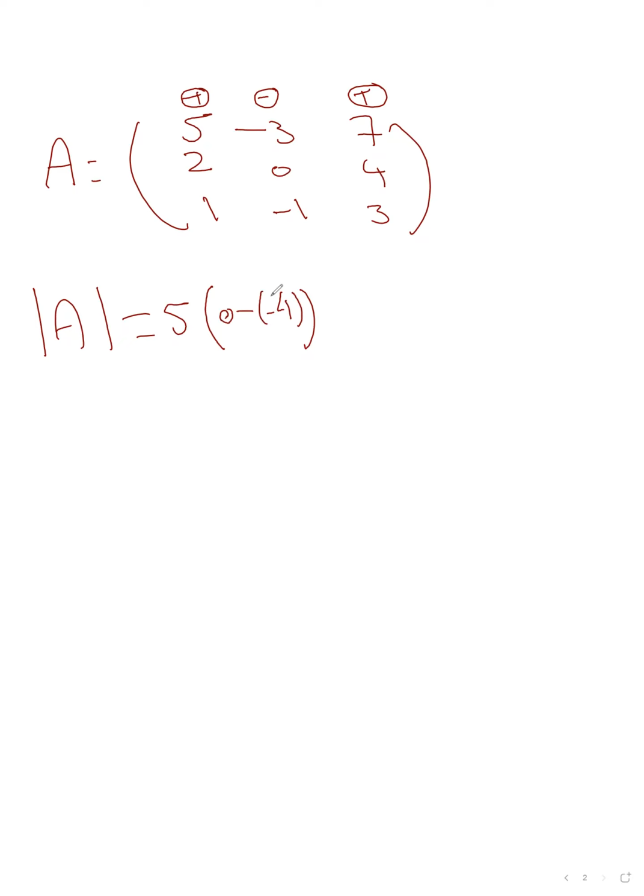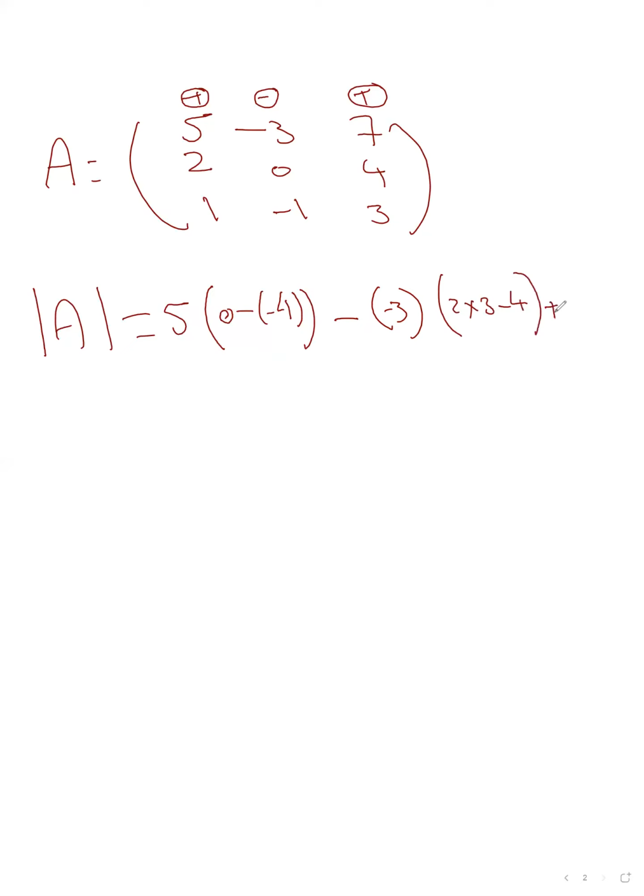Okay, the second one, write minus and write this number which is 3, and cancel its row and its column. The 2 times 3 minus 4 times 1.